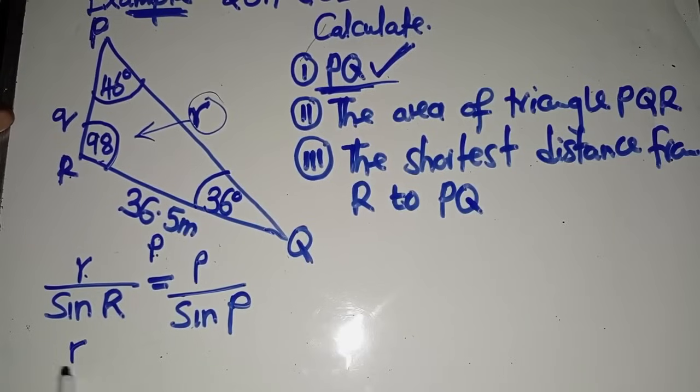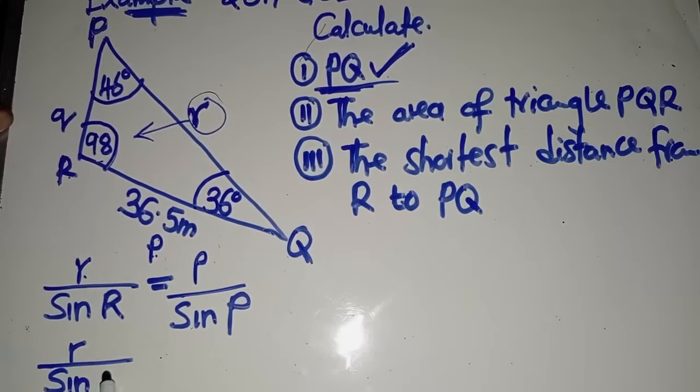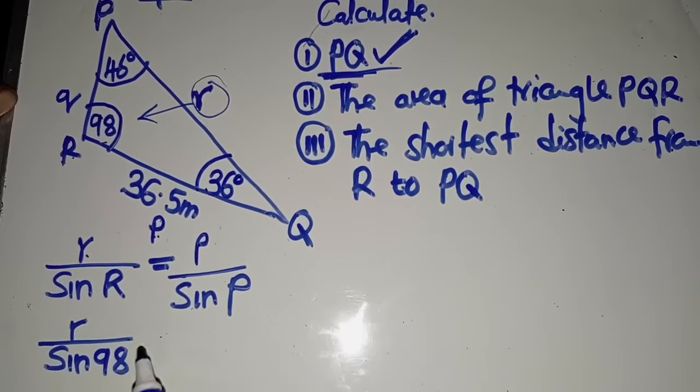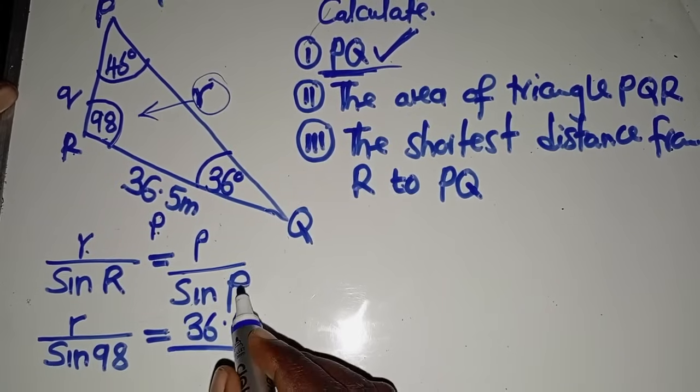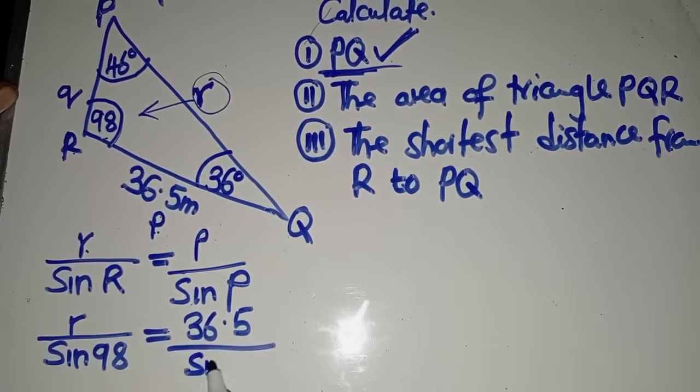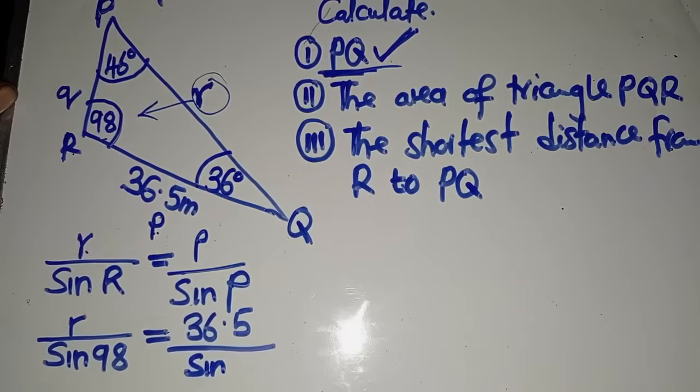So R is the one I'm looking for. What is angle R? That is 98, which is equal to, what is P? 36.5 over sine of angle P, which is 46.